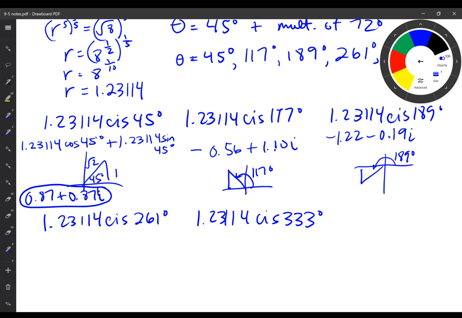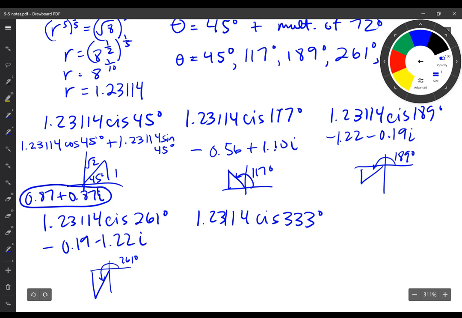So that's matching. 261, so in quadrant 3 again. And this one is -0.19 minus 1.22i. And then my last one, 333. So this is going to be 1.10 minus 0.56i.